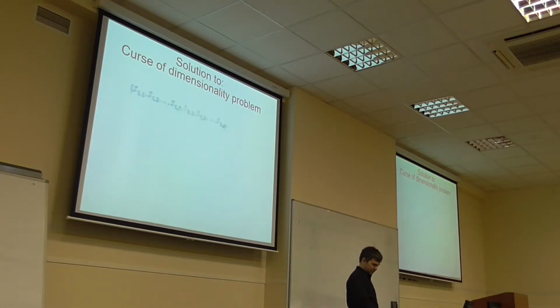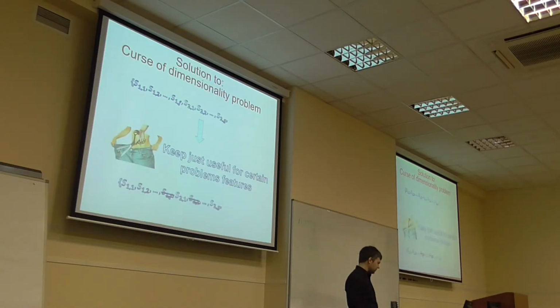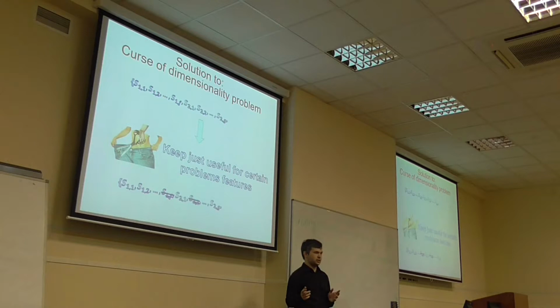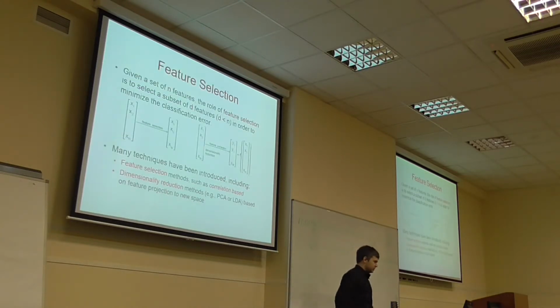So the curse of dimensionality problem can be solved by some easy techniques. What in fact we do, we just remove features. So again, it's like the feature selection approach I already mentioned before. So feature selection can be done in two ways.